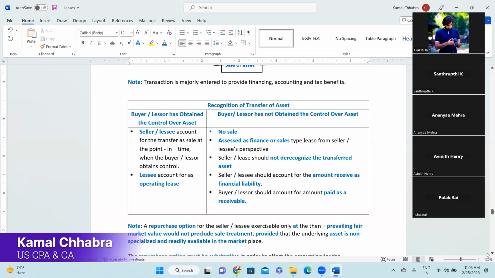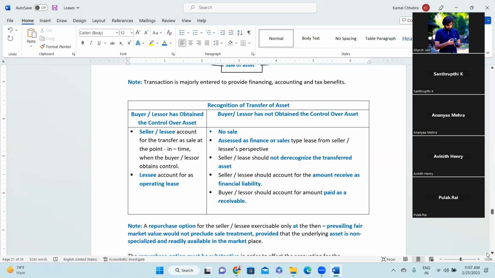For example, if you have sold land and building and you are still occupying that land and building on a lease, you are still working over there, but the ownership has been transferred. So you need to identify and understand clearly from the sale and leaseback transaction what the nature of the transaction is and what the substance over form actually is.